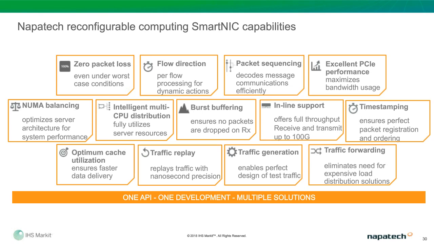So there's a number of different things that we've developed over the years which we're bringing to bear in these solutions. And it's all through a single API that allows the customer to make one development that will support multiple solutions, because you can run this on different kinds of hardware with different speeds, different port configurations. So a very versatile solution that we can offer.